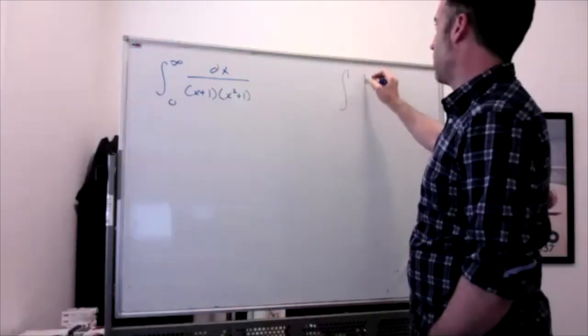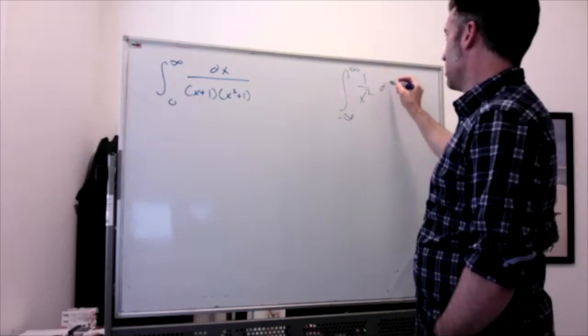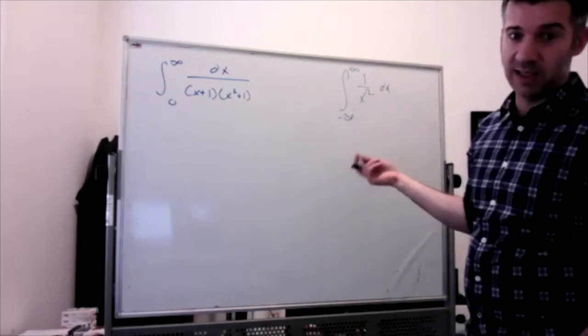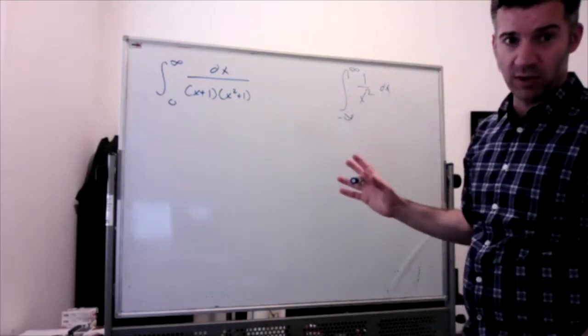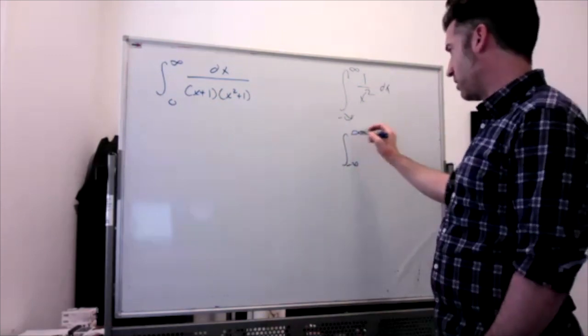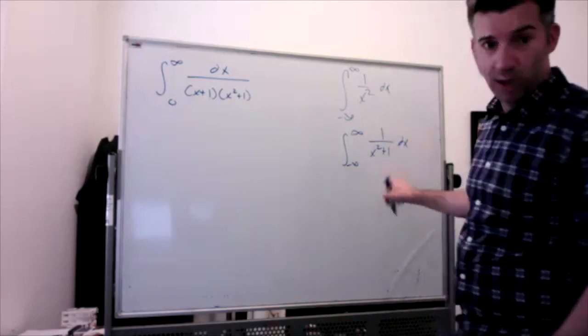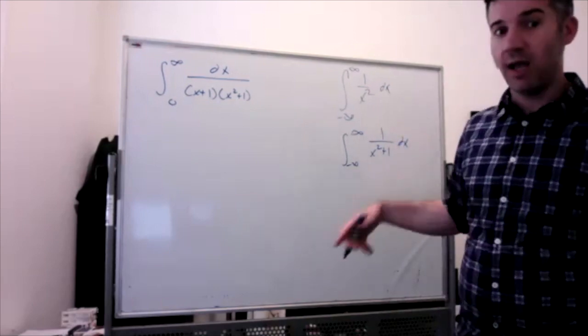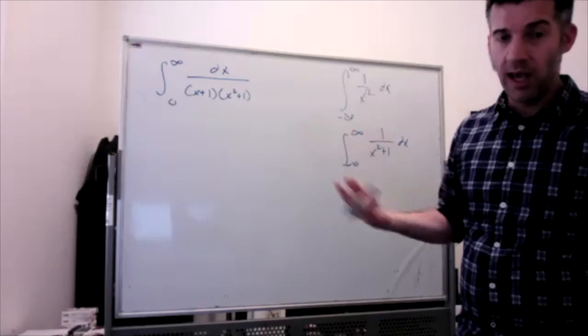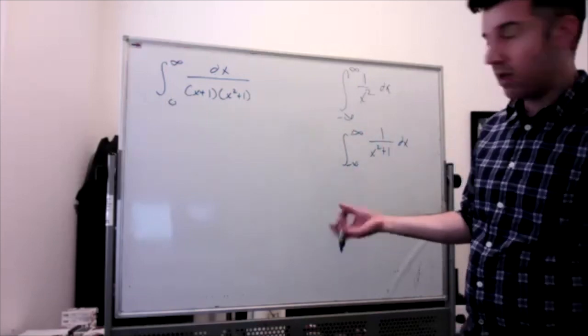For example, the integral of 1 over x squared from negative infinity to infinity is going to diverge because at 0 it's going to diverge. On the other hand, the integral from negative infinity to infinity of 1 over x squared plus 1 converges because you no longer have an undefined point somewhere in the middle, and it's acting like 1 over x squared. Okay, that makes sense.